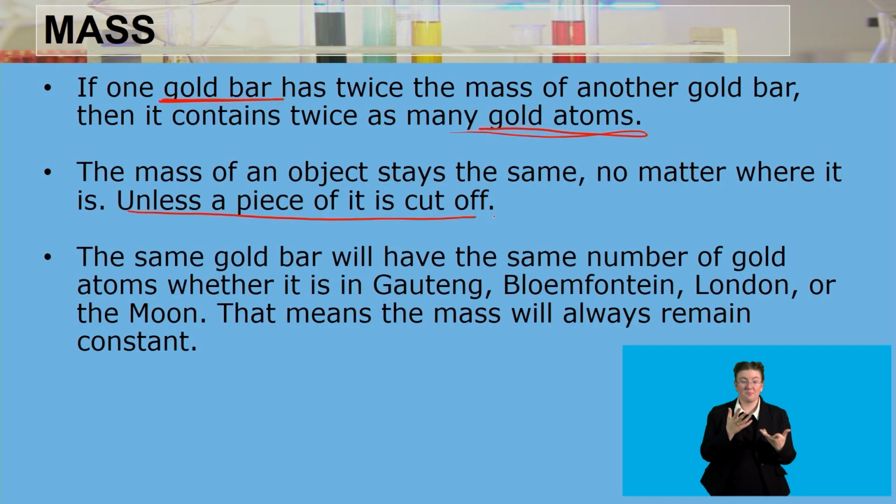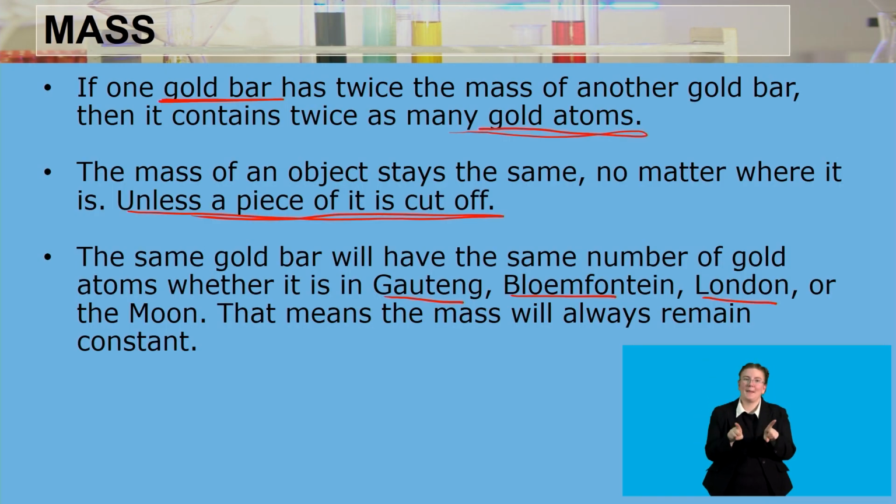It is going to remain the same unless you cut a piece of it, because once you cut a piece of it, you have removed certain atoms from that particular mass. So that means it is then going to change. The same gold bar will have the same number of gold atoms, whether it is here in Gauteng, or in Bloemfontein, or in London, or maybe even the moon.